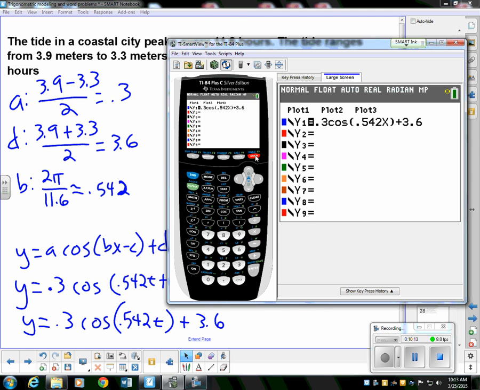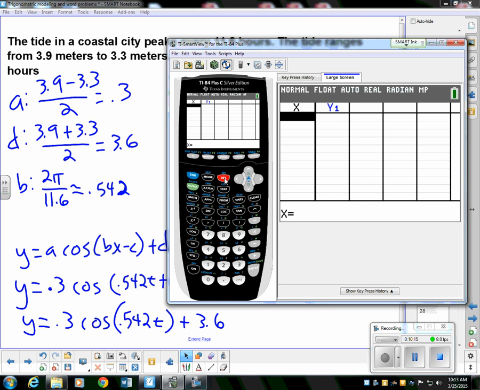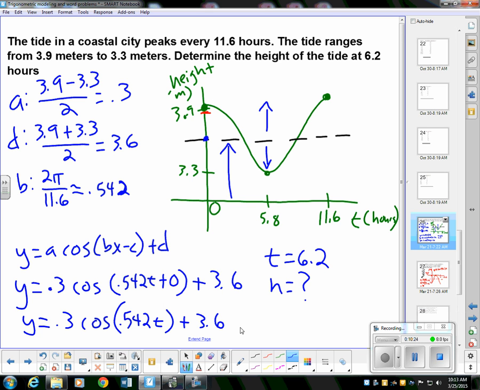So what I want to know is, when my time is 6.2, what's my height? 3.31. So the height is 3.31 meters.